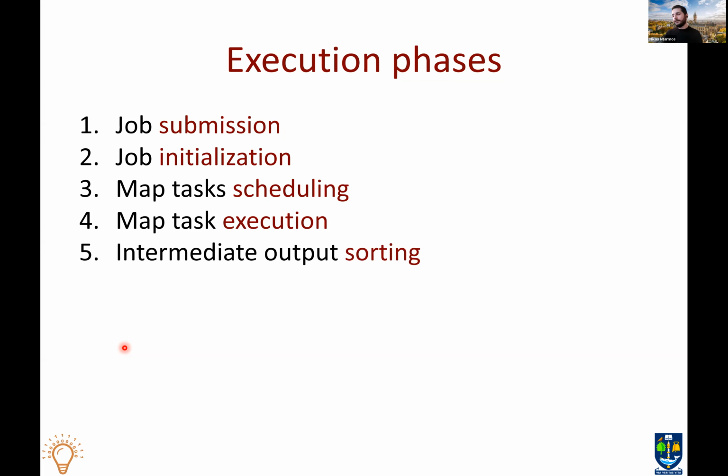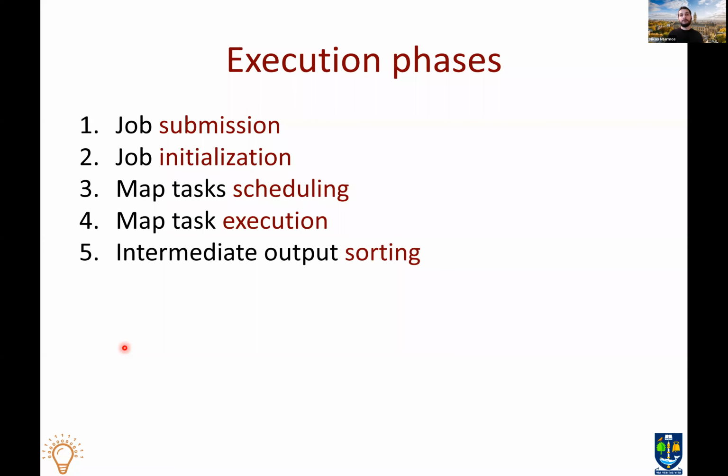And then remember that we need to be able to group the intermediate output before we go to the reduce stage. We said that a few minutes ago, that the output of the mappers needs to be grouped by key. And eventually we will need to be able to do this grouping across all mappers.